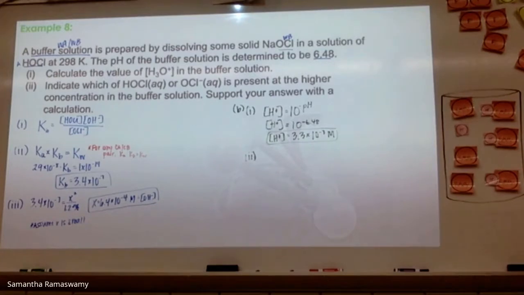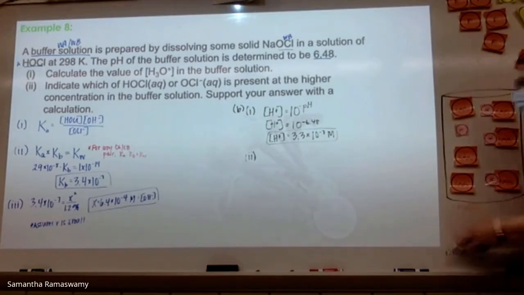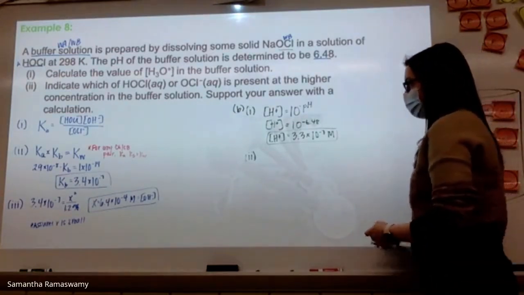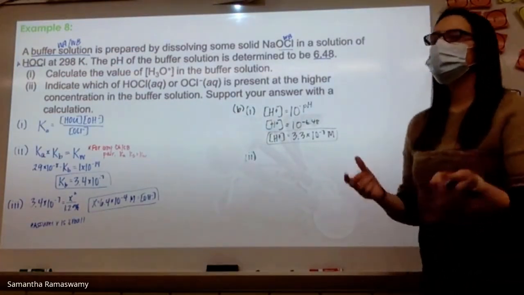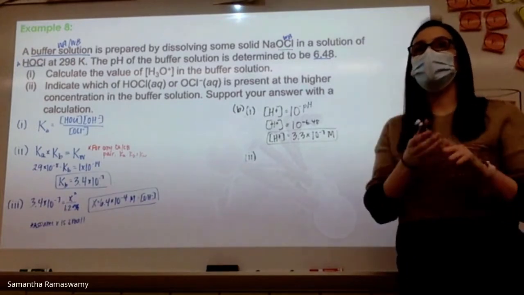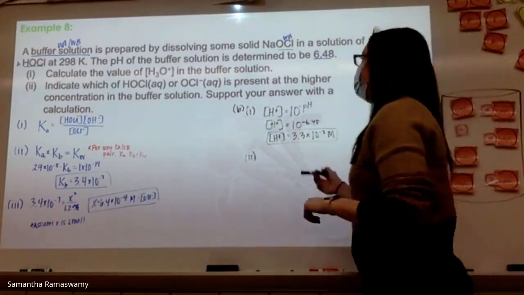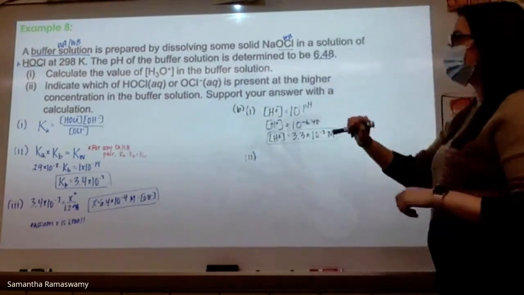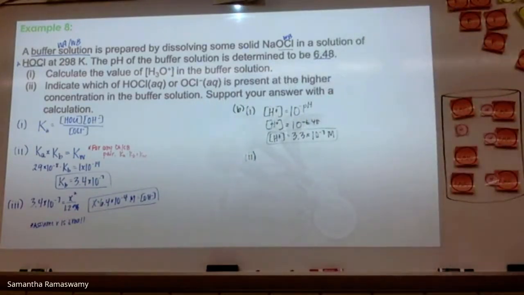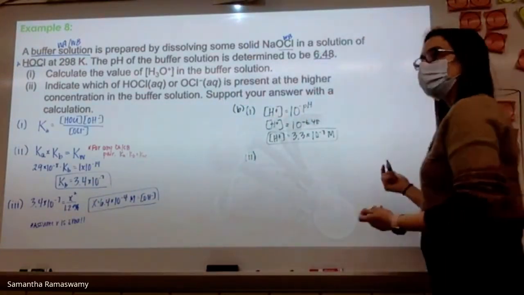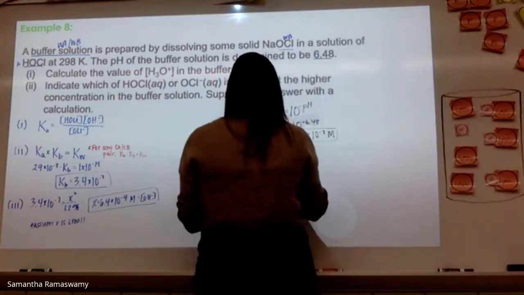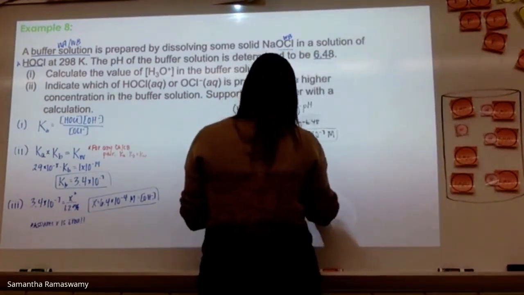Let's use the buffer equation, because if it wants to know which one is at a higher concentration, we can look at the buffer equation and see which value would be greater. The buffer equation is H plus equals Ka times concentration of acid over concentration of base.